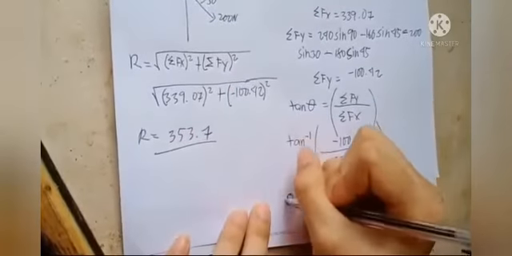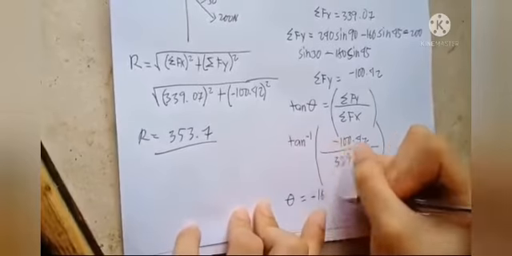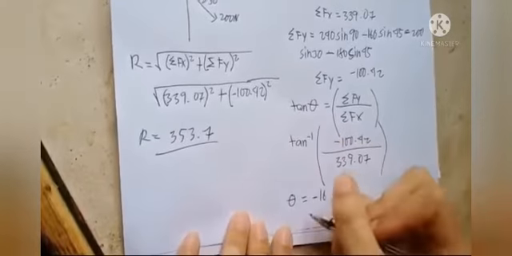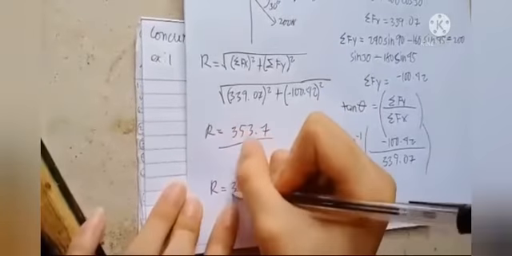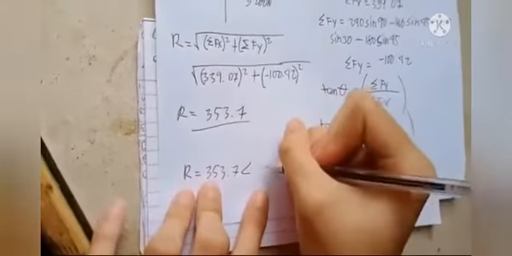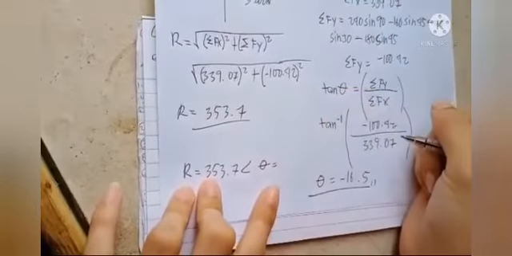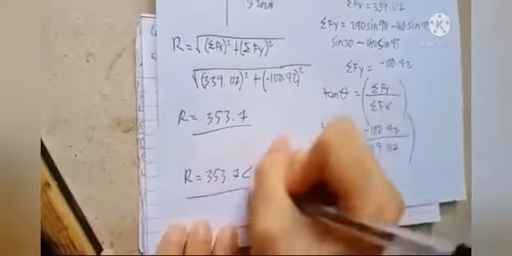It equals negative 16.5. So the answer is: resultant is equal to 353.7 at an angle theta equal to negative 16.5 degrees.